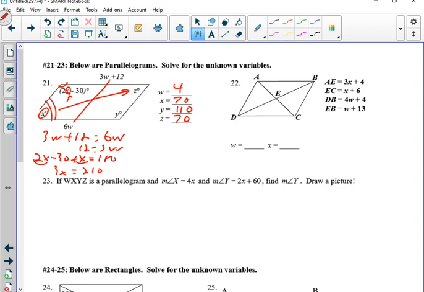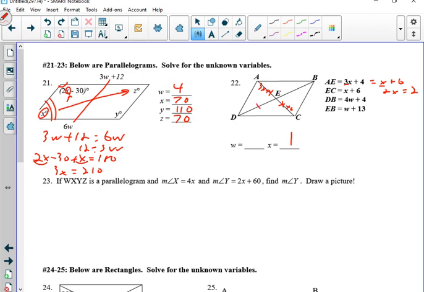All right, AE is 3x plus 4. EC is x plus 6. They are equal to each other. So if I subtract x from both sides, I get 2x. Subtract 4 from both sides, I get 2. Divide by 2, x is 1.